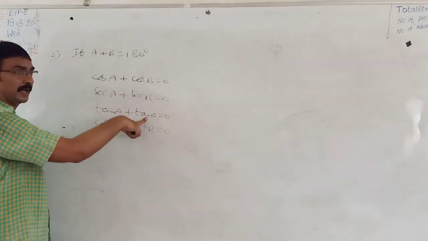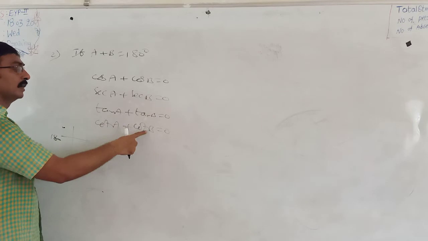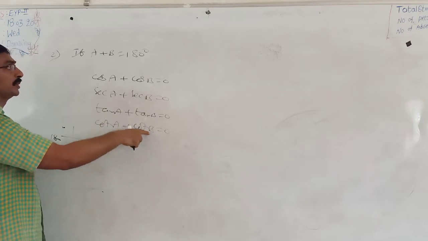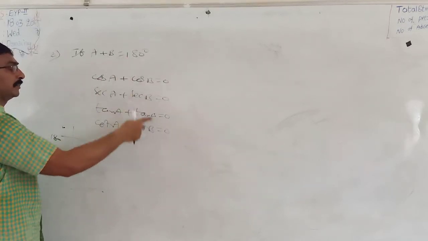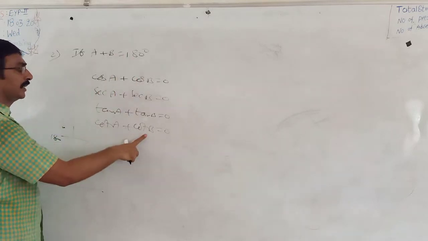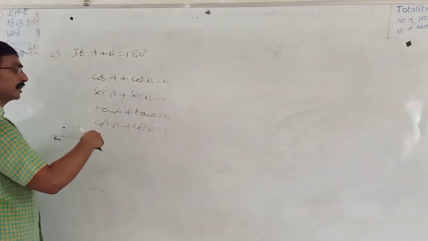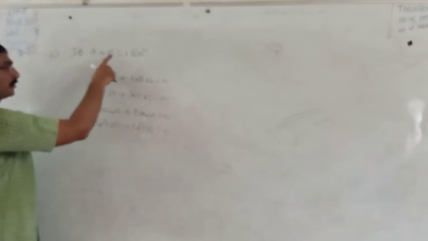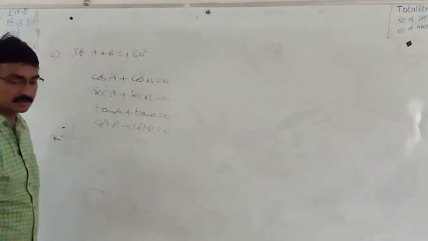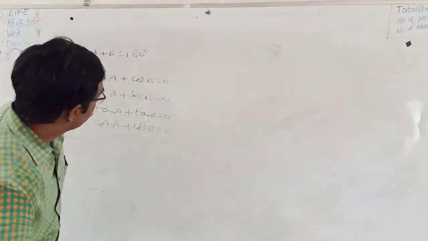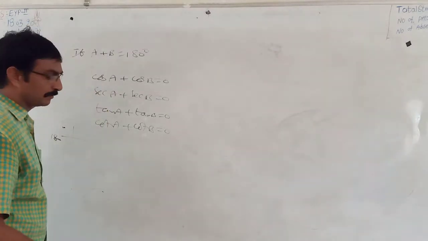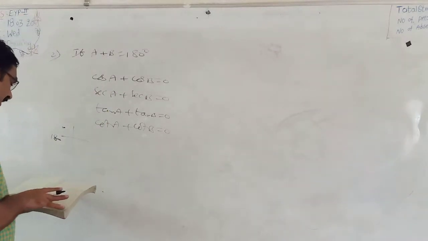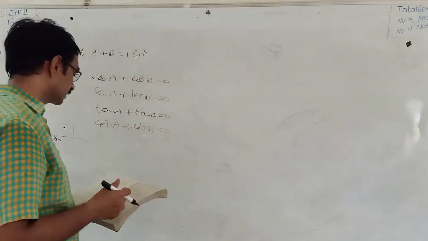Tan of 180 minus a is minus tan a, cancel. Cot of 180 minus a is minus cot a, cancel. Thus, if the sum of two angles is 180 degrees, cos a plus cos b, secant a plus secant b, tan a plus tan b, and cot a plus cot b have value 0.